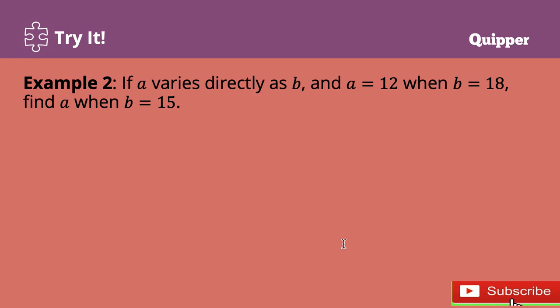Number 2. If a varies directly as b, and a is equal to 12 when b is equal to 18, find a when b is equal to 15. Here, we're not just going to find the working equation, but we are to find the value of a using the working equation.